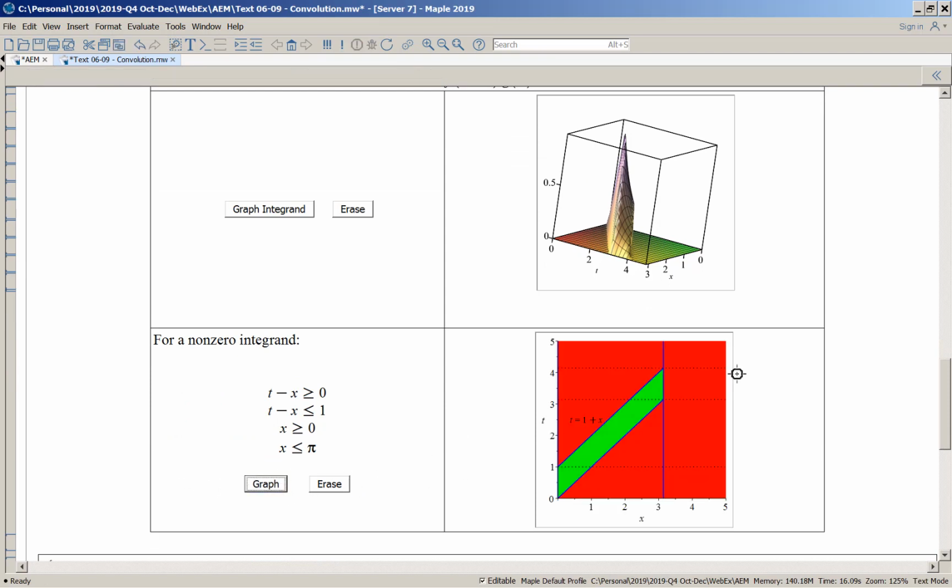So a graph of those four inequalities looks like this. Here is that parallelogram. It's the green region. The red region is where the integrand is 0. This is the line t equals x. This is the line t equals 1 plus x.